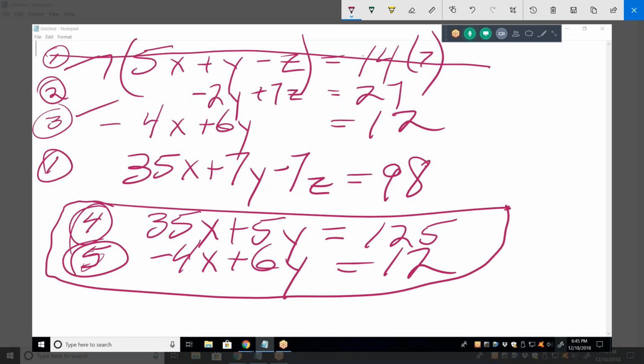Now we have turned the problem from 3 variables with 3 equations into 2 variables and 2 equations. We know how to handle these, right? We've been doing it all day. So let's solve for x and y using equations 4 and 5. So how am I going to do that? It's the simplest way.